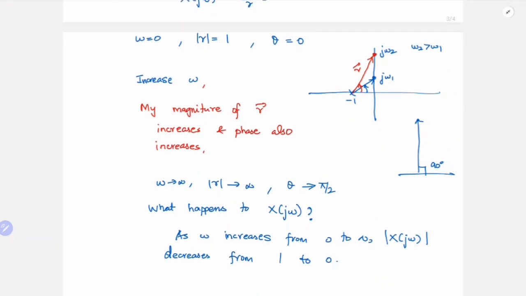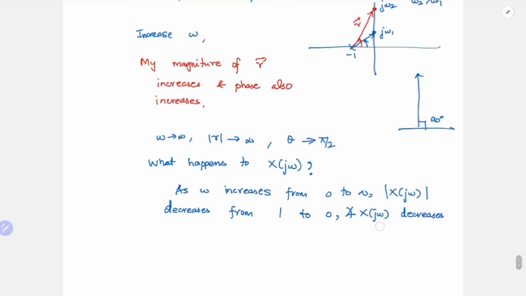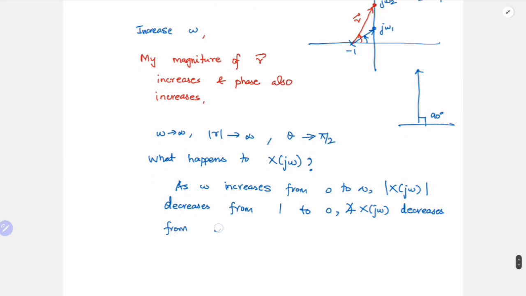So X of j omega will go to 0. And what about the phase? Phase of X of j omega, again it decreases from 0 to minus pi by 2.